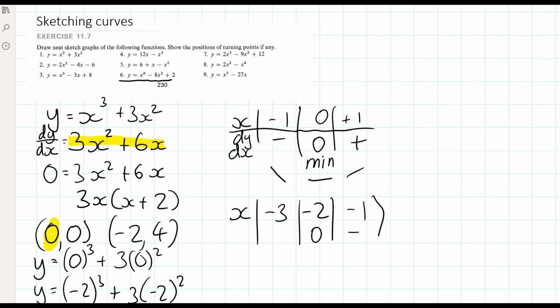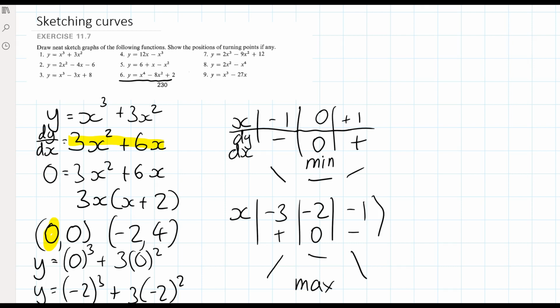Sorry, all my mental calculation skills died there. Start again. That's still a positive answer. Okay, so this one goes up, stays, and then goes back down. So this is a maximum.